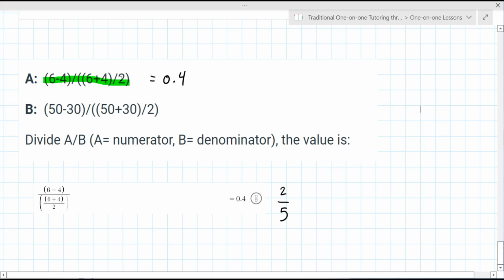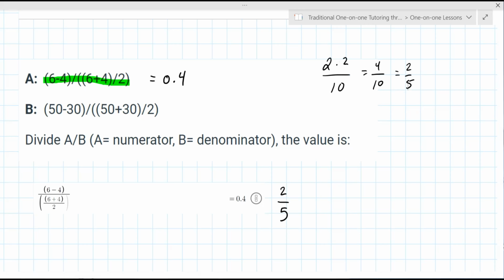It's because you multiply by the reciprocal. And then you divide by the 10. So it ends up being, like you said, 2 times 2 over 10, 4 over 10, which is 2/5. So 2/5 is your answer then. Yeah, or 0.4. But that's only part A.